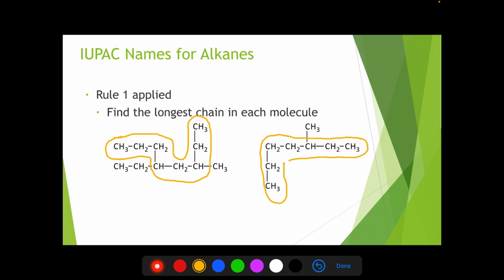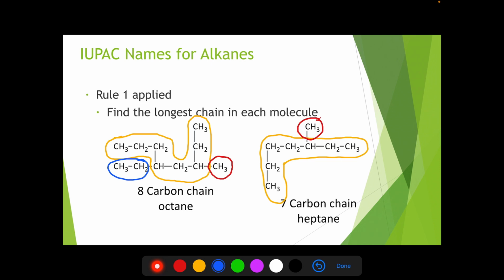So what I like to do at first is circle the parent chain. My next step is going to be to circle the substituents. I've got just a methyl group there, and off of this one I have a methyl and an ethyl. The next rule is going to be to number these, okay?